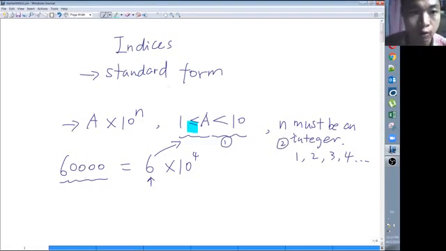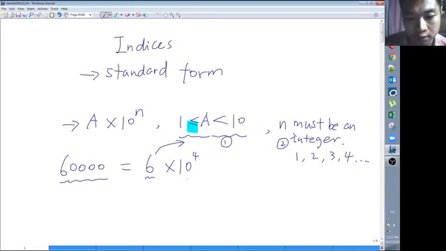So after writing down this form, I ask myself, do I meet the first requirement? I look at my a here. It meets the first requirement, so 6 is bigger than 1 and smaller than 10.